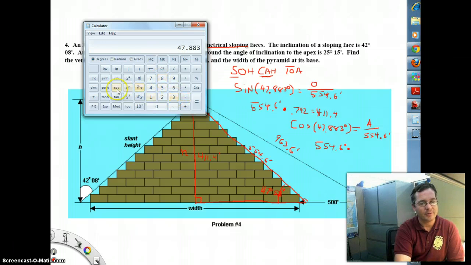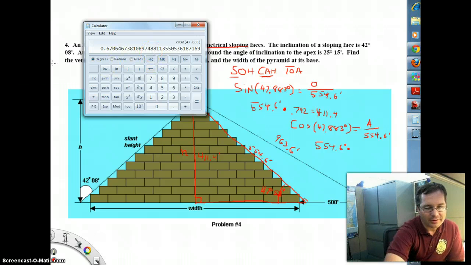47.883. Coming over here to the cosine. Okay, so 0.67. Yep, that does actually make some sense, because the square root of 2 is not the cosine of 45 degrees. The cosine of 45 degrees, I think, is the square root of 2 divided by 2, and that would make some sense there.